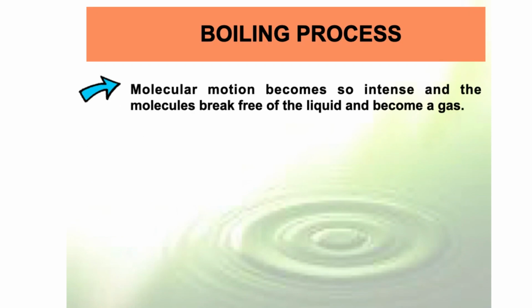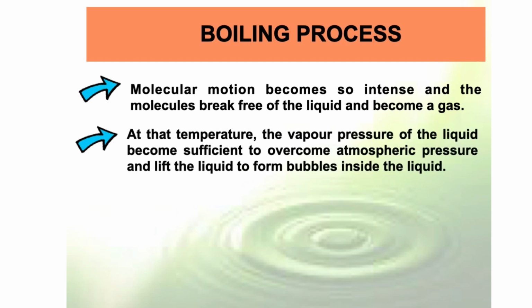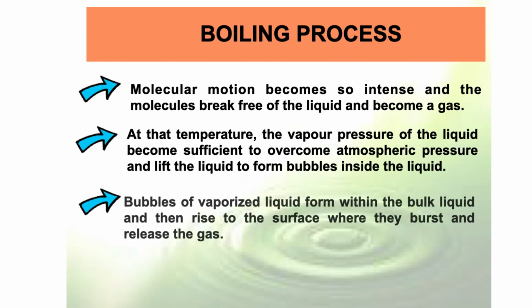What happens next is the molecular motion becomes so intense that the molecules break free of the liquid and become a gas. At that temperature, the vapor pressure of the liquid becomes sufficient to overcome atmospheric pressure and form bubbles inside the liquid. Bubbles of vaporized liquid form within the bulk liquid and then rise to the surface where they burst and release the gas.